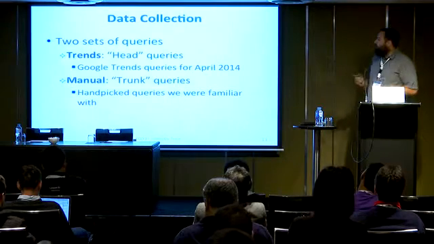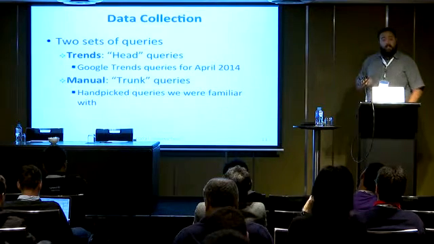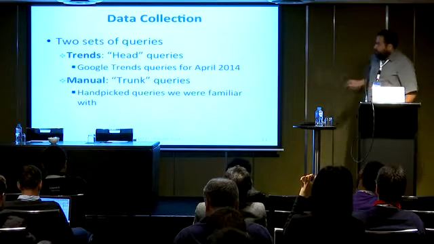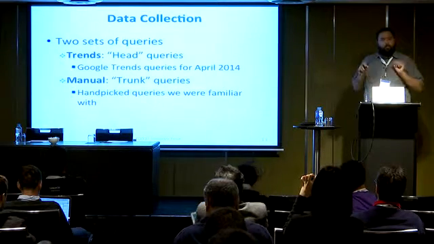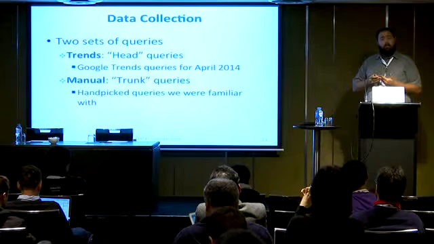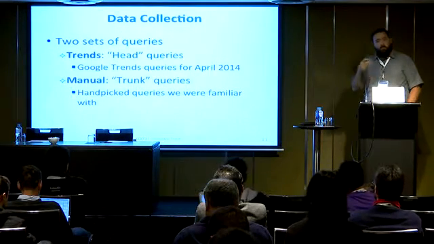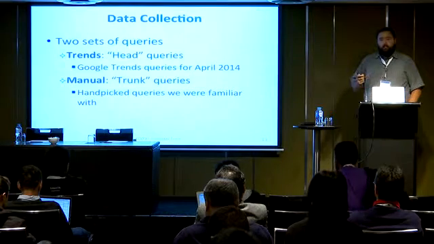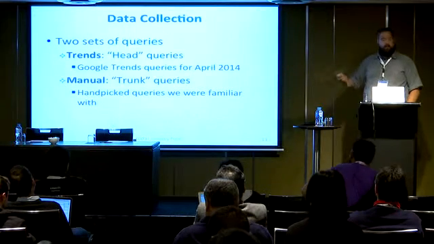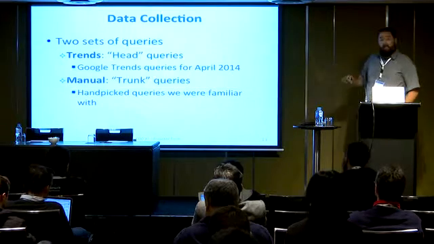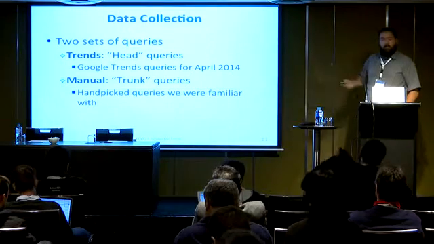So you can imagine that the search engines have a lot of data, a lot of click data, and so on for these queries. The other set, we call them trunk because they span the entire spectrum of popularity. We mostly chose them to be able to have sanity checks, so to understand why the query caused this result.